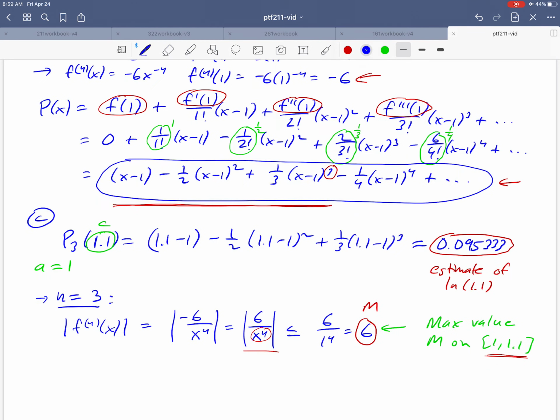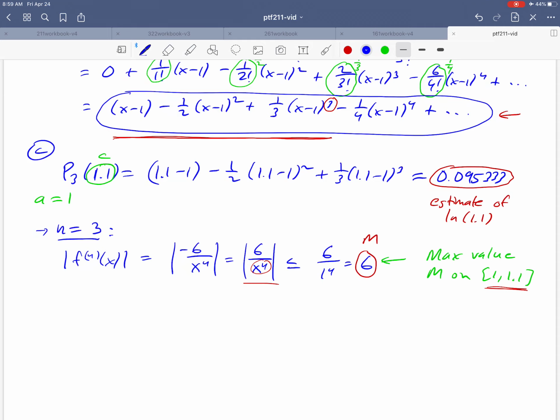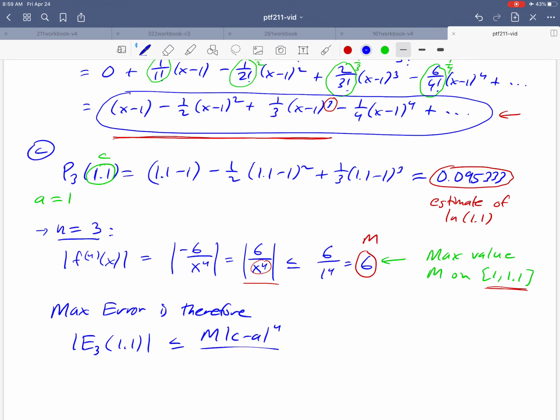And so for the maximum error, we're going to go back to the error formula. Our notation for it would be E3 at 1.1, and the formula itself looked like m times the absolute value of c minus a to the n plus 1, so we're going to get a 4 since n is 3, over 4 factorial.